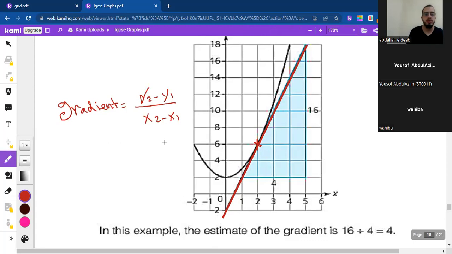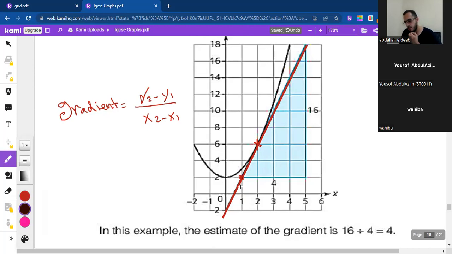Okay, thank you. So here we need to find 2 points on the line, any 2 points. For example, this point, 1, 2.